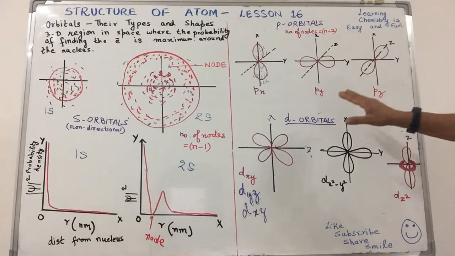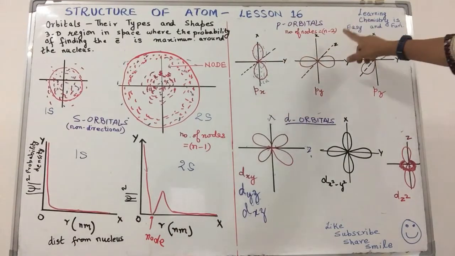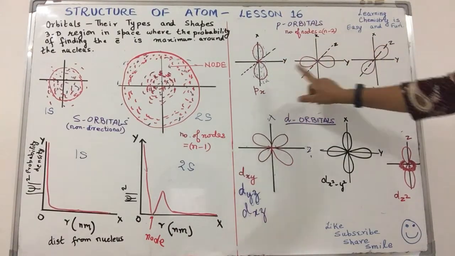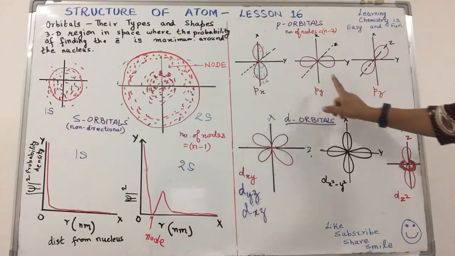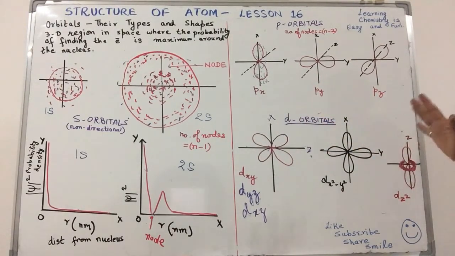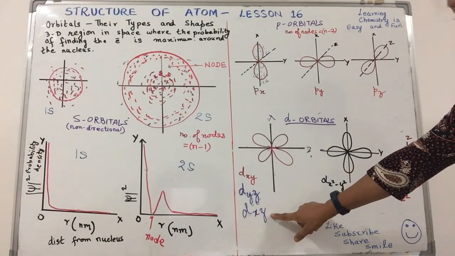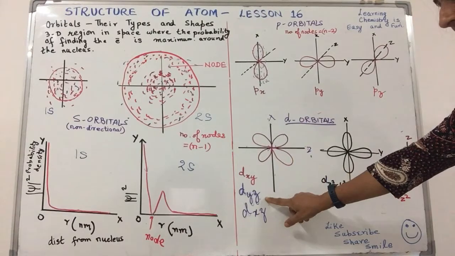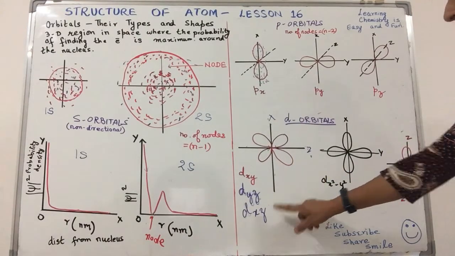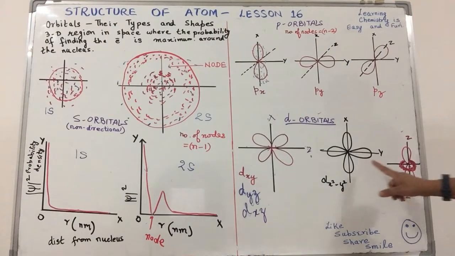So in the case of s, you have 1. In the case of p, you have 3 p orbitals, px, py, pz. In the case of d, there are 5. 1, 2, 3, dxy, dyz and dxz. 4, dx2 y2.